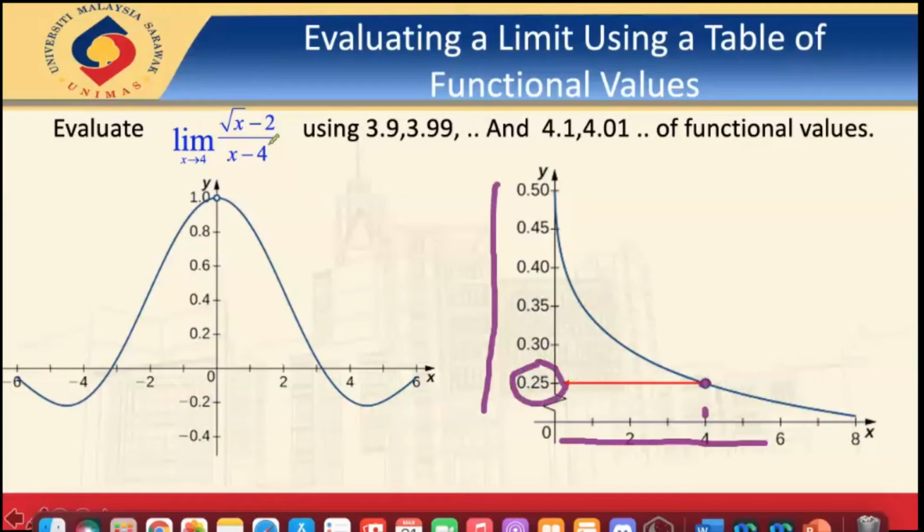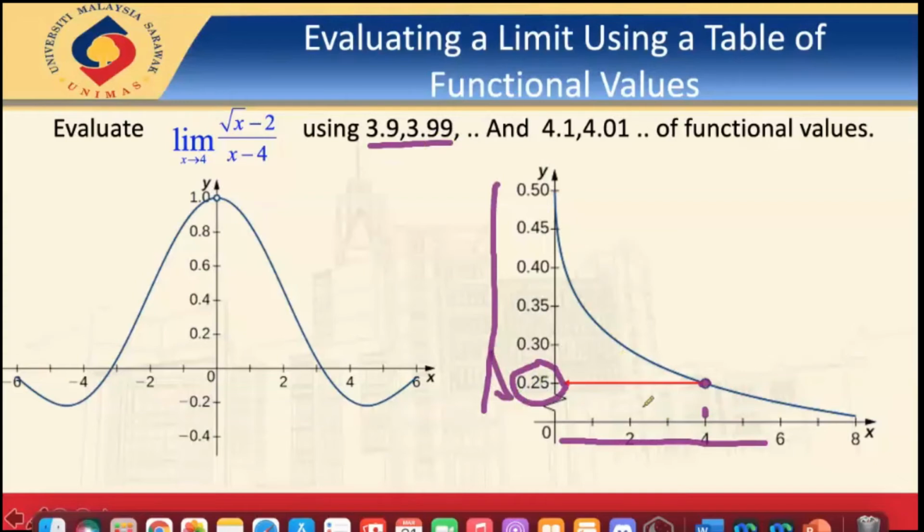If you apply the same values in a calculator, square root of x minus 2 divided by x minus 4, and put any value near 4, 3.9, 3.99, 3.999, and so on, then we will get this output. So you see this value also.